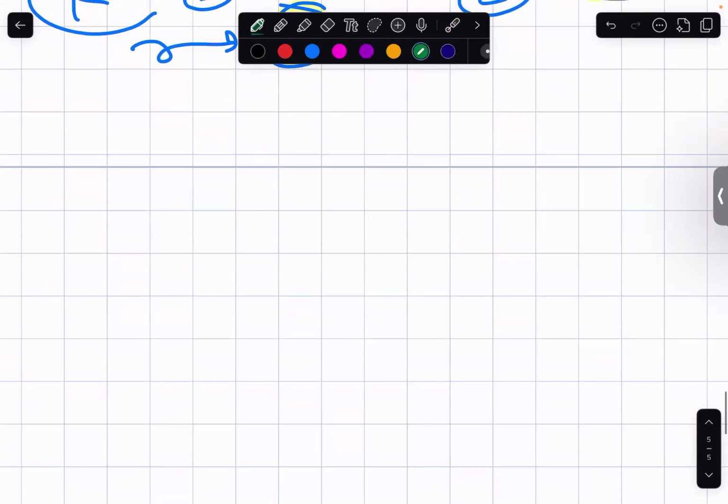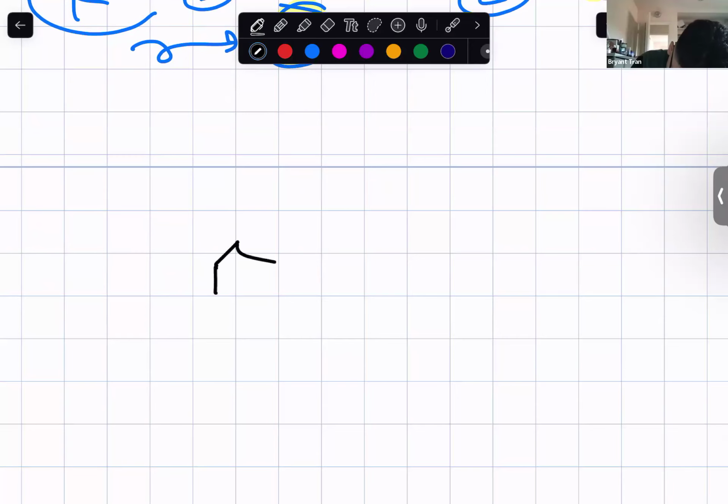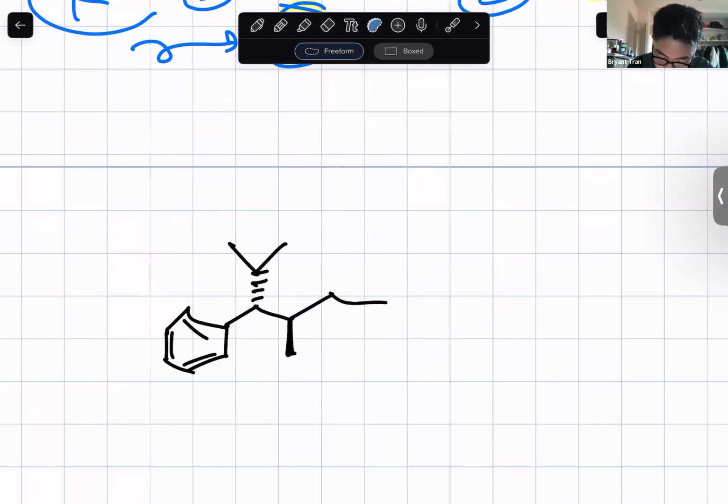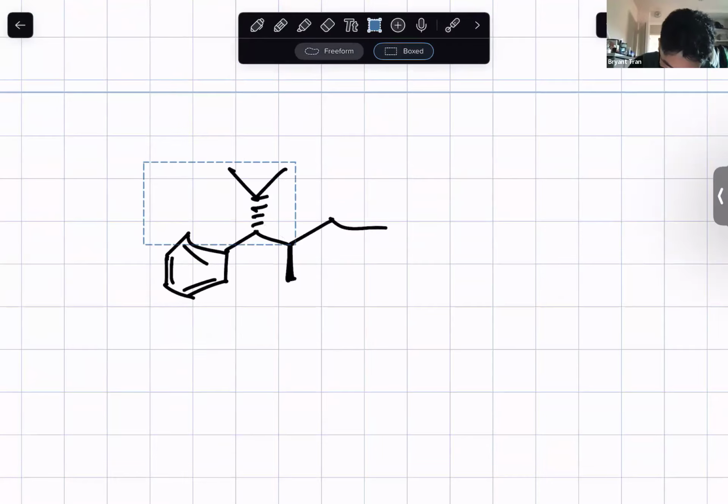Okay. So, let's say we have this, let's start off with this right here. How many chiral centers do you see in this molecule here?